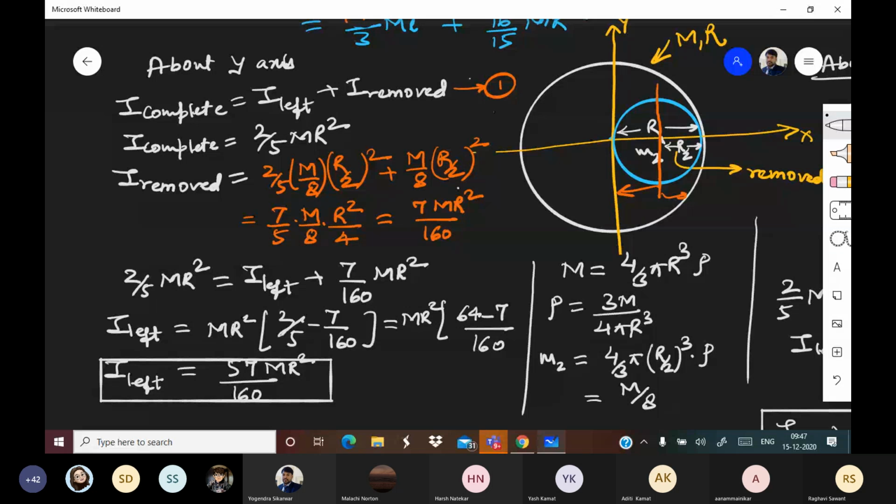So moment of inertia about y-axis and moment of inertia about z-axis will be the same. Think yourself and see whether you are able to realize that both are same or not. Everyone?